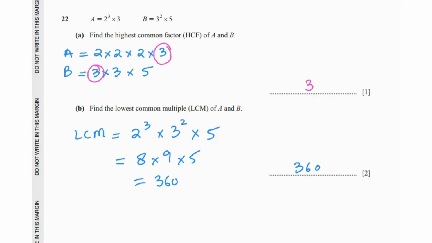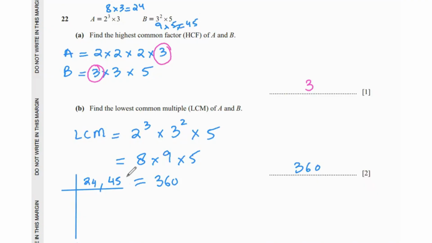Another thing you can do for LCM is that you can make the division table. 2 cube is 8, so 8 times 3 is 24. Write 24 over here. And then 3 square is 9, 9 times 5 is 45. So write 45 over here. You start dividing 24 and 45 until you reach 1.